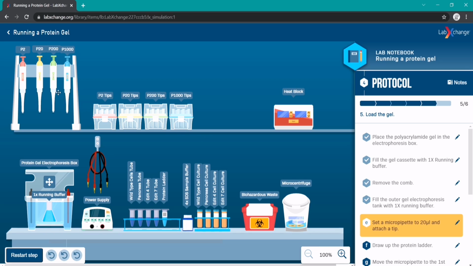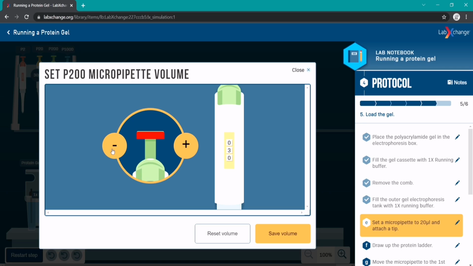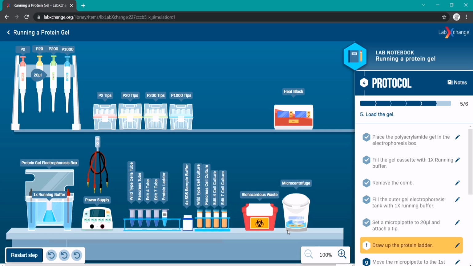Set a micropipette to 20 and attach a tip. Now, draw up the protein ladder.